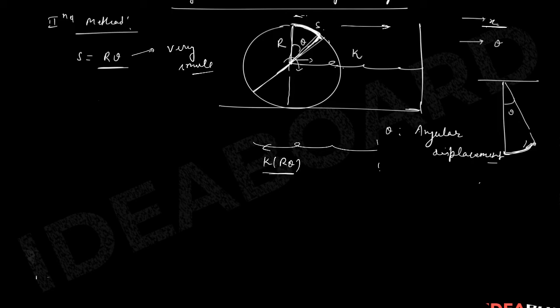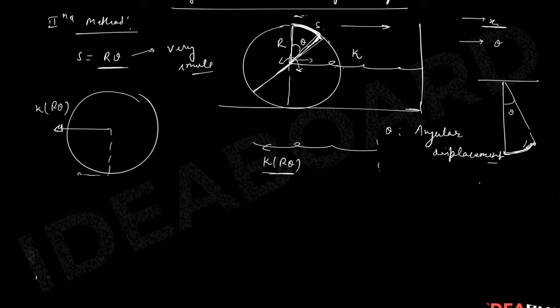So this time if you draw the FBD of the sphere, you will see there will be a force which is K into R theta on the sphere. And of course this point will have the tendency to rotate, and obviously if it has this force in this direction, this bottommost point will try to slip.